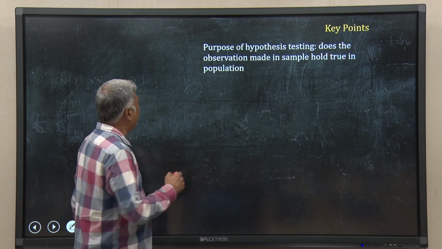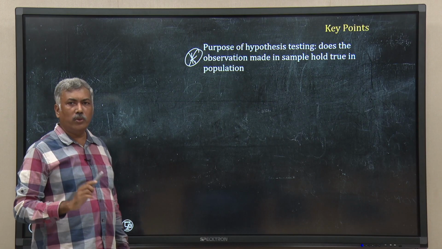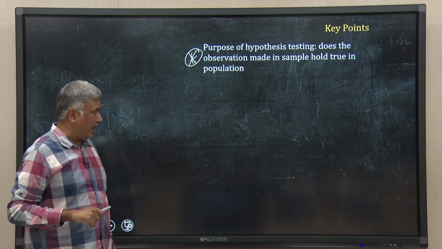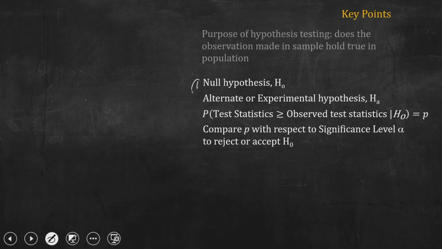The first thing we have learned is the purpose of hypothesis testing. The purpose is to know whether the observation made in the sample holds true for the population or not. That is the main question we are trying to answer. To answer it, we create a null hypothesis and an alternate hypothesis, which are binary and mutually exclusive.